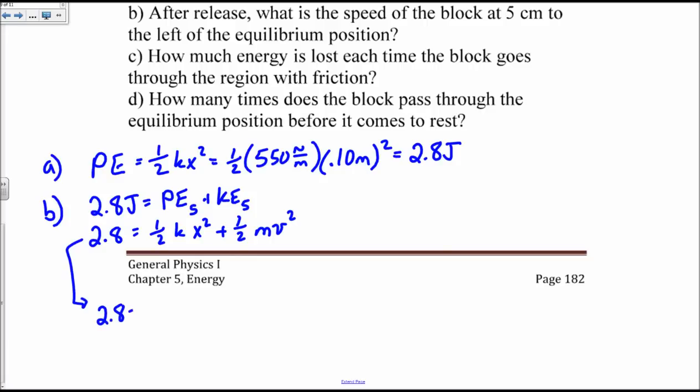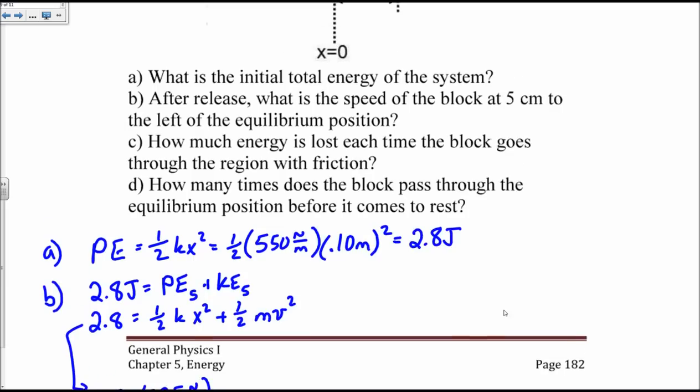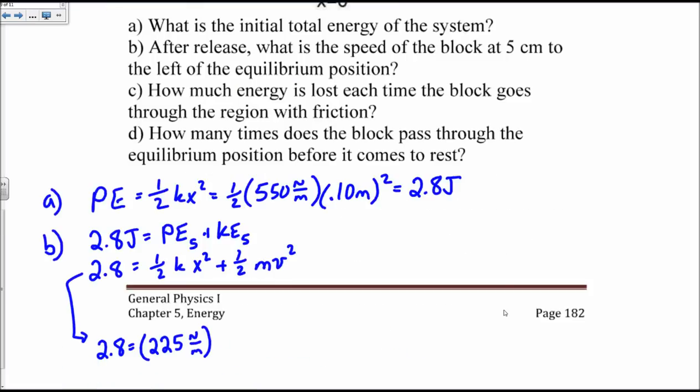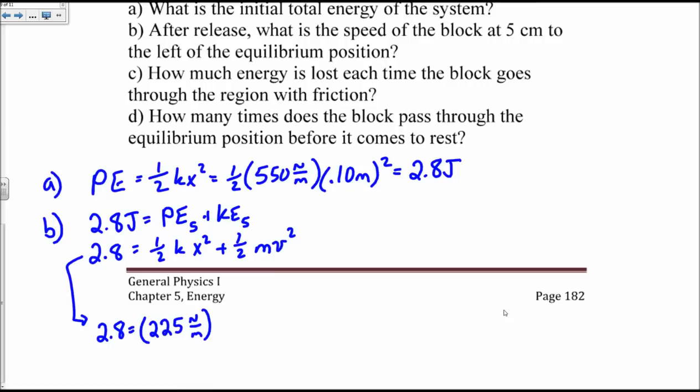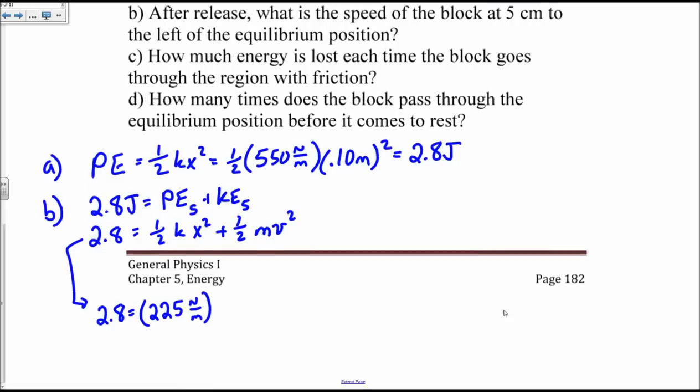I'll carry it down here. I get 2.8 equals 225, that's half of, let's see, what was k? K was 550, yeah, half of 550, which is 225, times x, that's 0.05 meters squared, plus 1/2 of the mass, which is 1 kilogram, times the velocity squared.